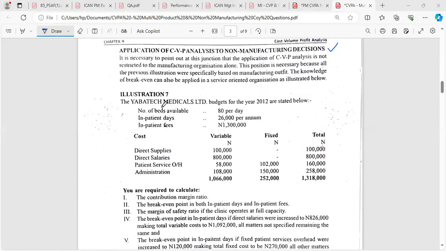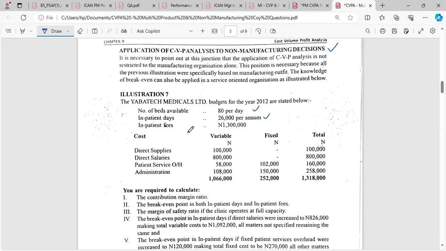If you look at this, you see that the Yavatech Medical Limited budget for year 2012 is stated below. This is a hospital. The number of beds available in that hospital is 80 per day. Inpatient days is 226,000 per annum. These are patients that come into the hospital. Then 6,000 per annum.